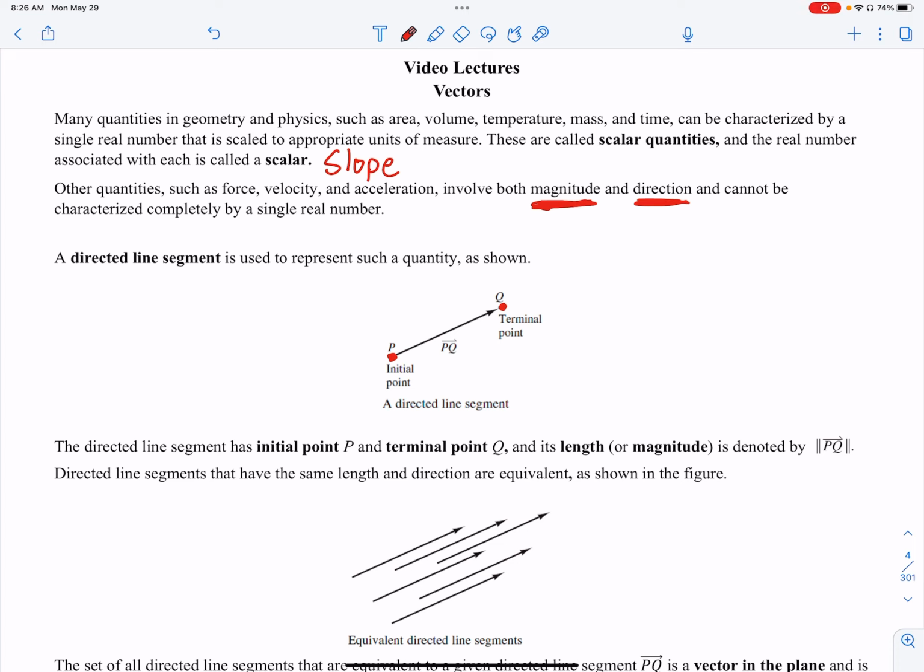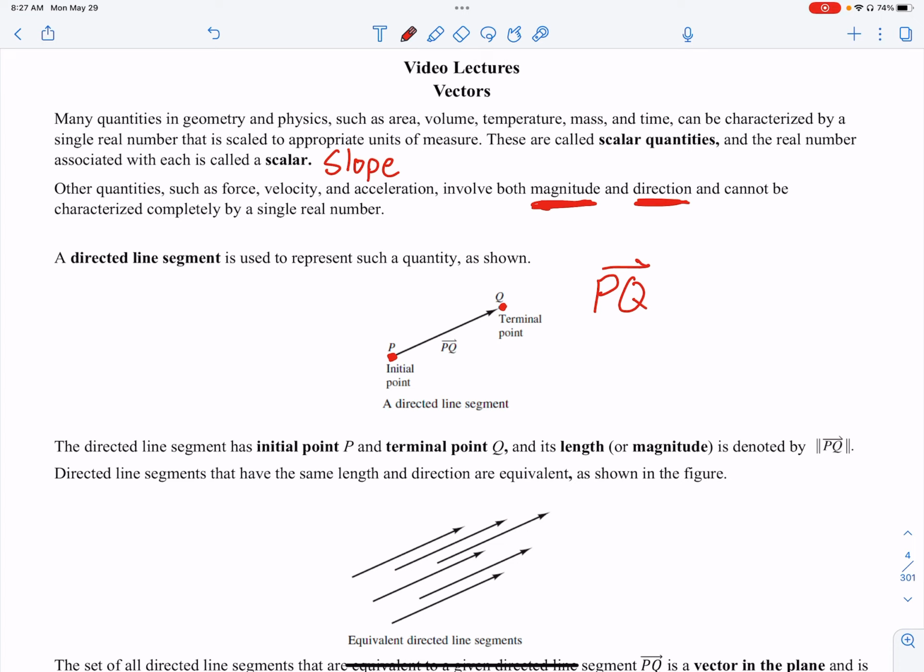The directed line segment, let's just go ahead and start calling them vectors. It's the same thing. A couple of ways we write vectors. We can write PQ with an arrow over it, with initial point, terminal point, and the arrow. The arrow is important to tell us that it is a vector or directed line segment.